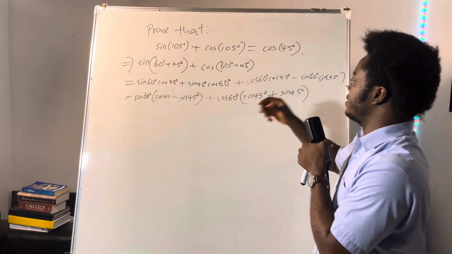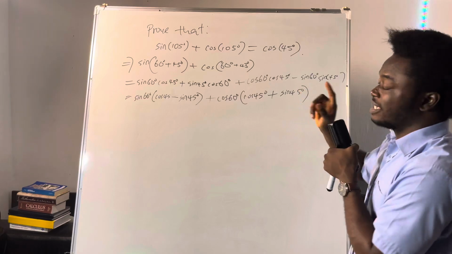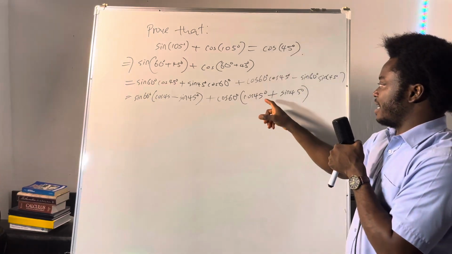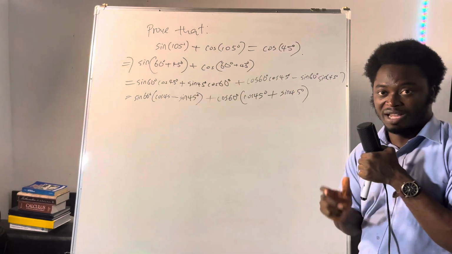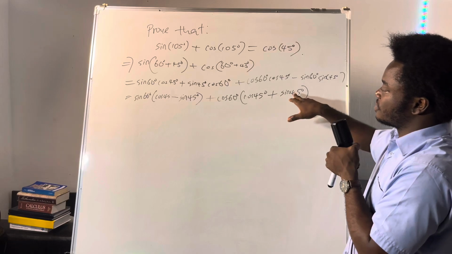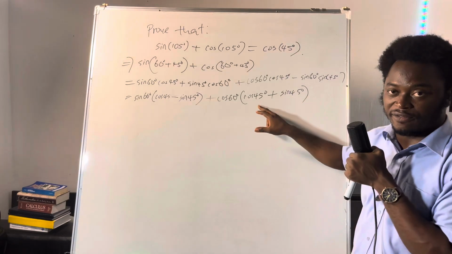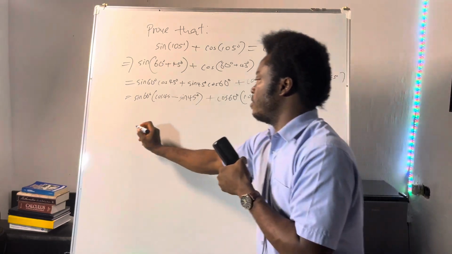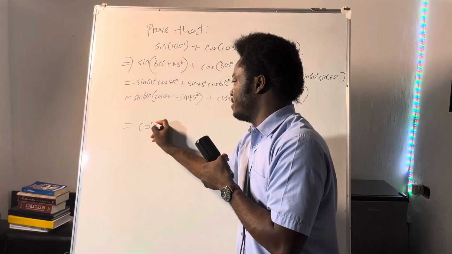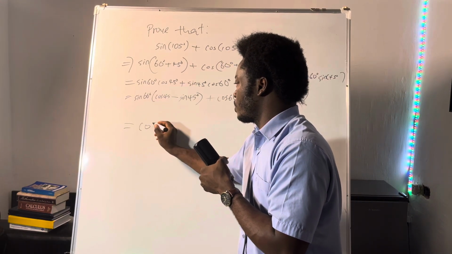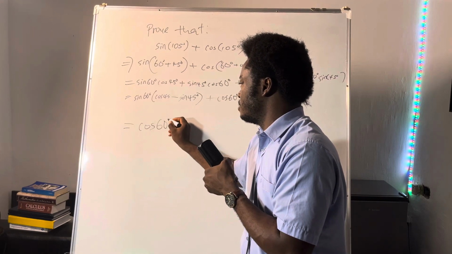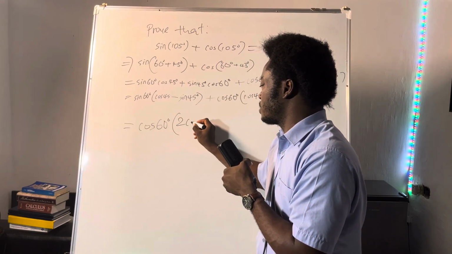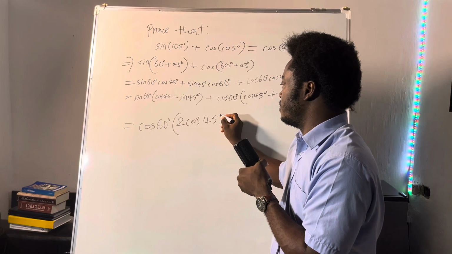So over here now we have, since sine 45 and cosine 45 are equal to each other, this will be like cosine 45 plus cosine 45. So you have two cosine 45. So here you have cosine of 60 degrees multiplied by 2 cosine of 45 degrees.